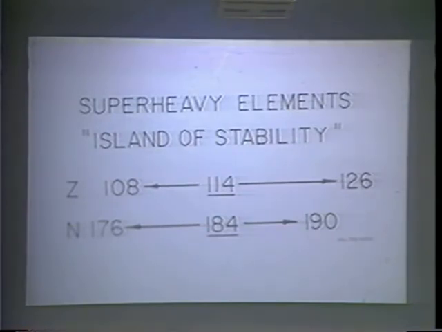These are called magic numbers, and we're trying to reach that island of stability. Actually, there will be experiments here by our group next year to try to make elements 113 and 114, although there are two other laboratories that are going to try to beat us to it.